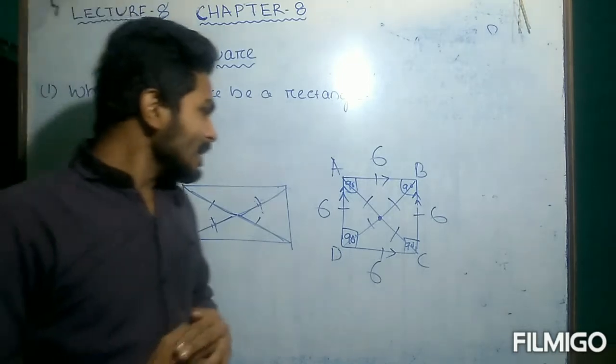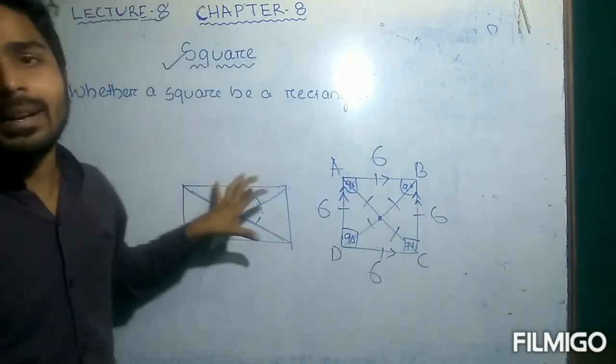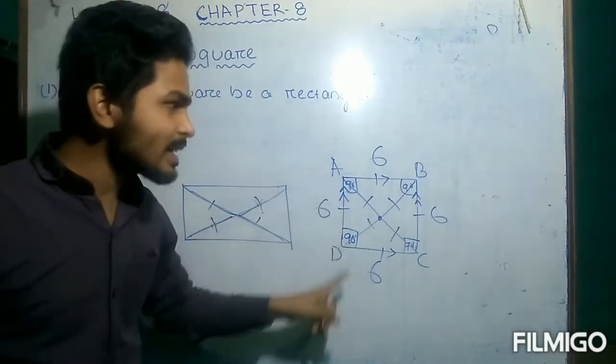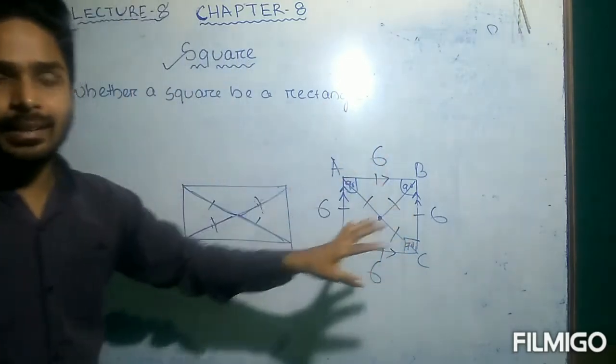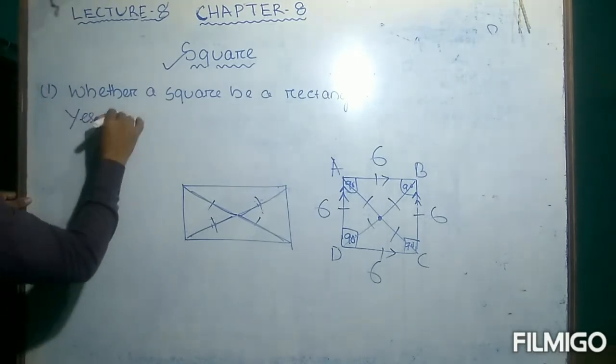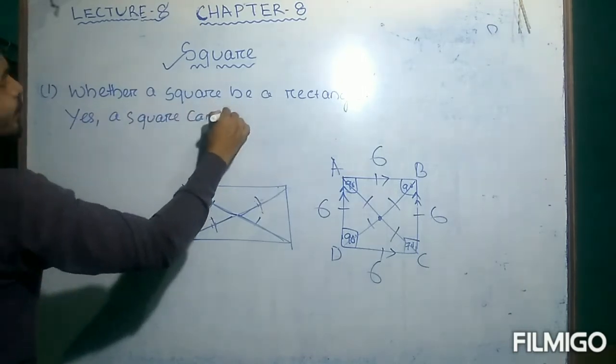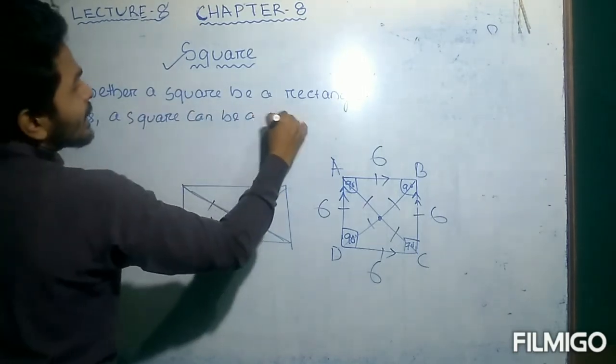So here we find that a square satisfies all the conditions of a rectangle. That is why we can say yes, a square can be a rectangle. Right? So you can write yes, a square can be a rectangle.